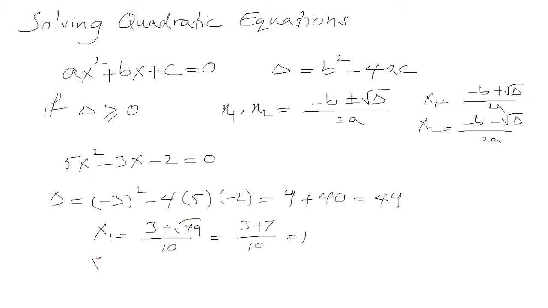And x2, that is negative b, 3, minus radical 49 over 2a, that is 3 minus 7 over 10. This is negative 4 over 10, or negative 2 over 5. So as you can see, I have two solutions.